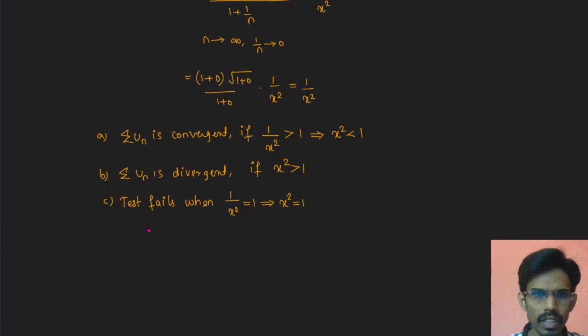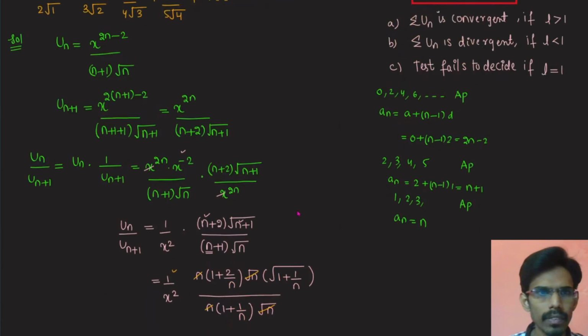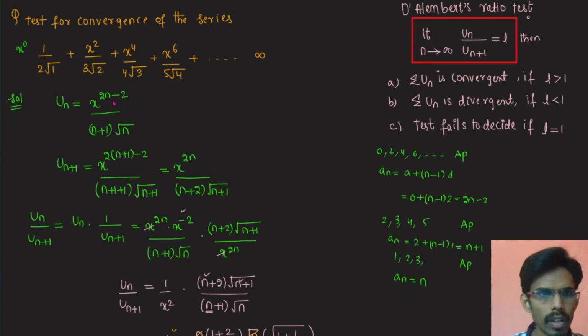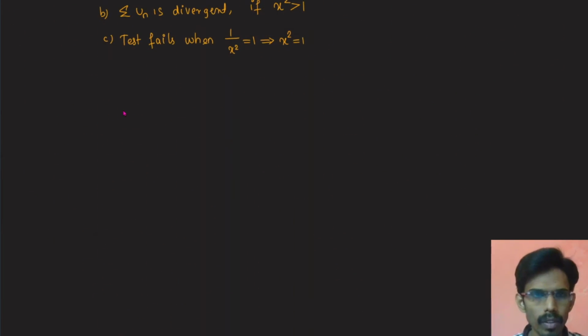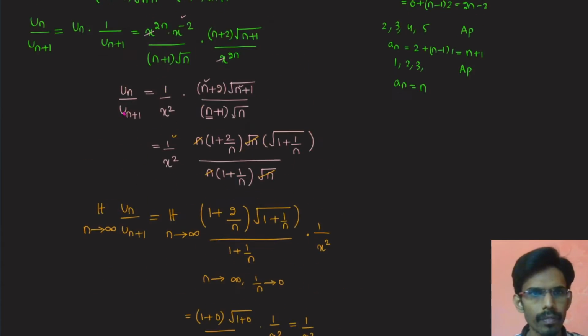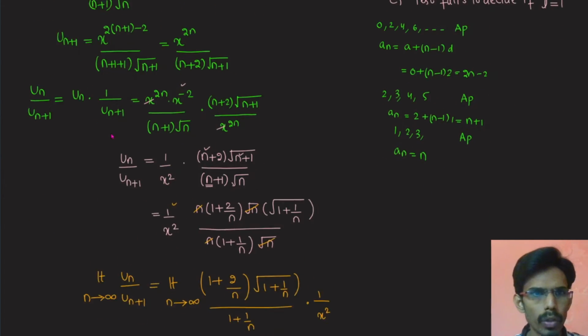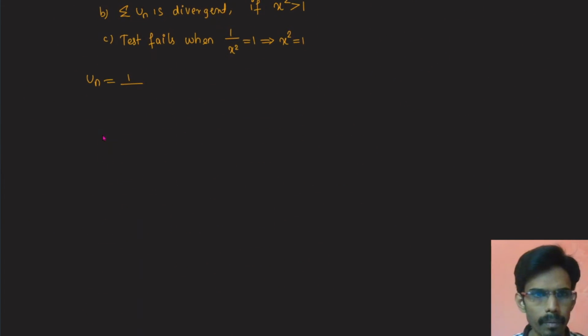Now we see, when the value of x square is 1, what will happen? See, here we have this un. Put the value of x square in this un. Now that un will become 1 by n plus 1 into root n.